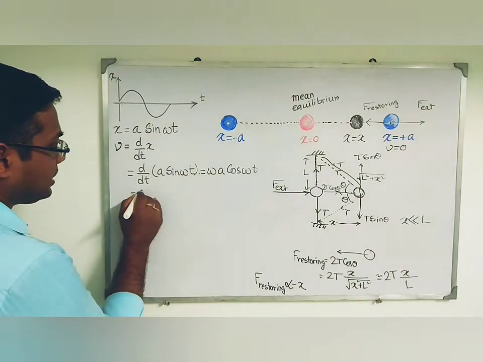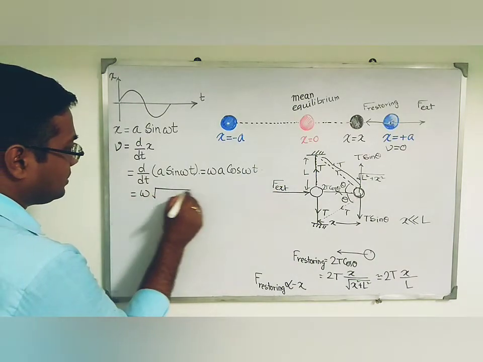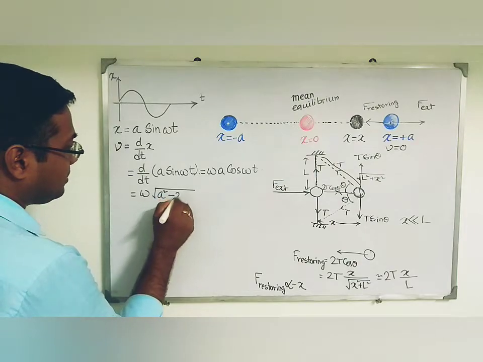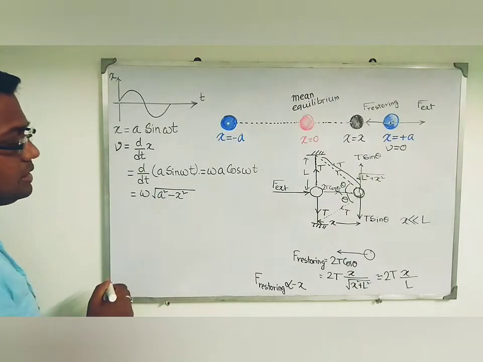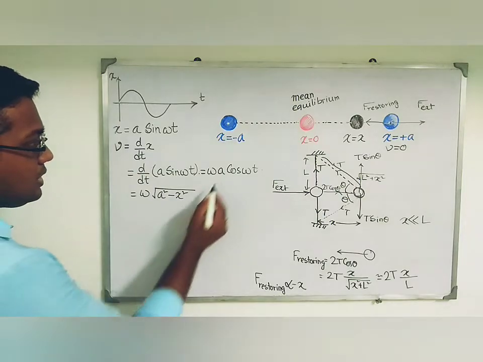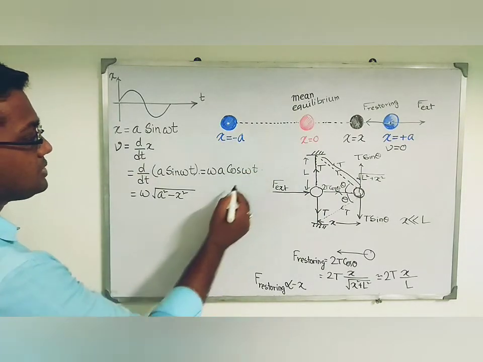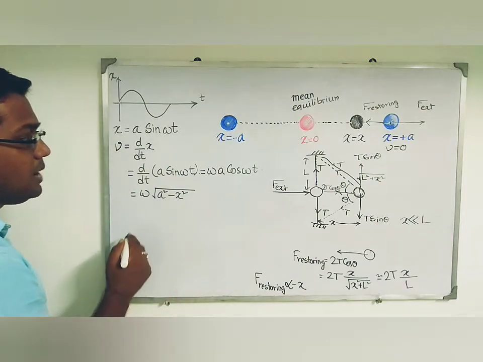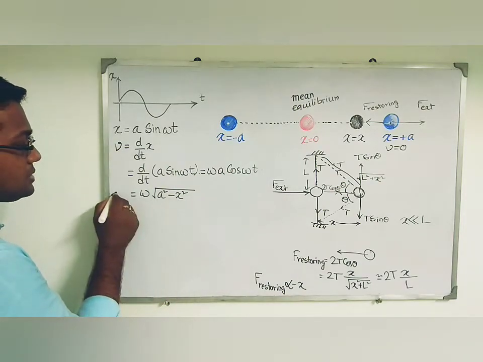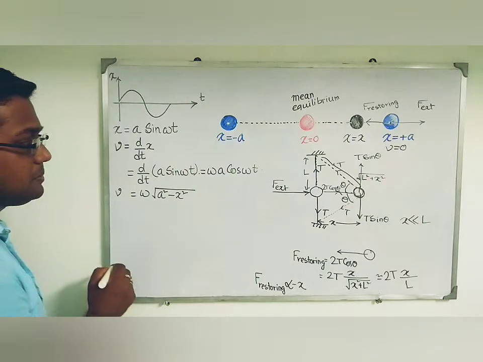So from here, if I put root over a square minus x square, then it is not wrong. cos omega t can be written as root over 1 minus sin square omega t, and after a simple calculation we get the expression of v.